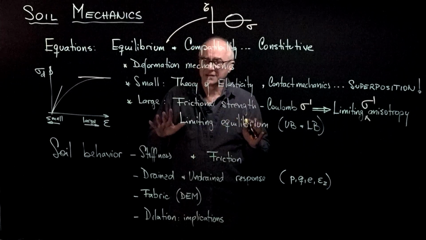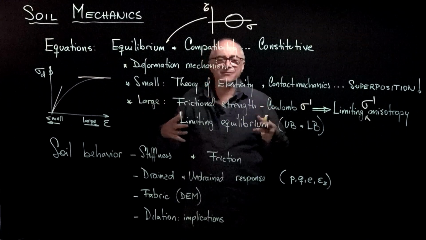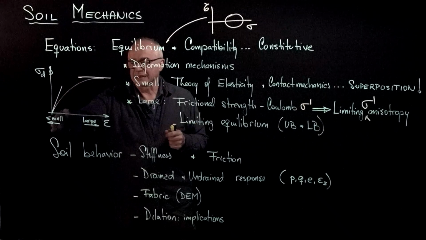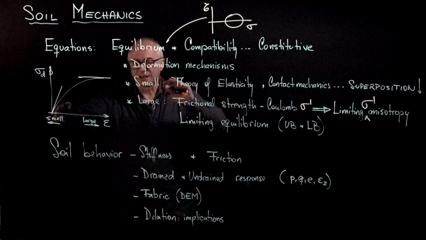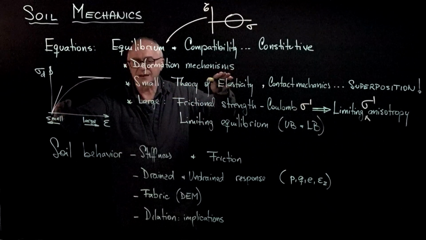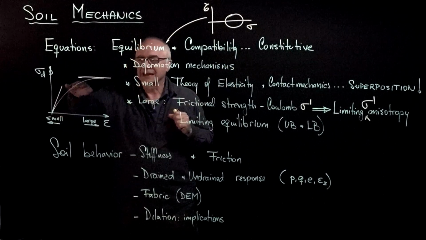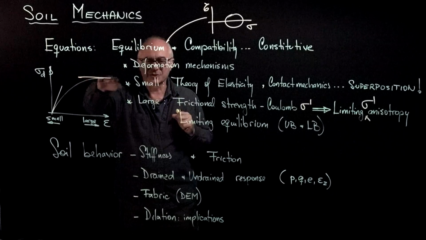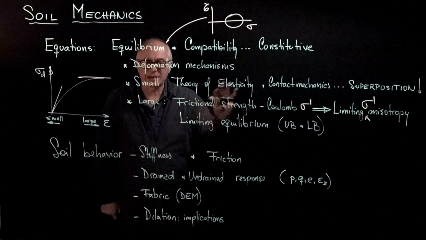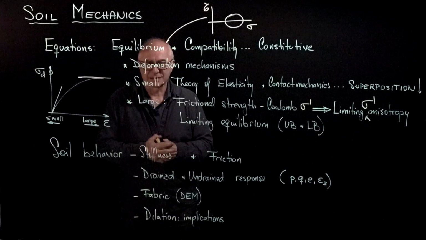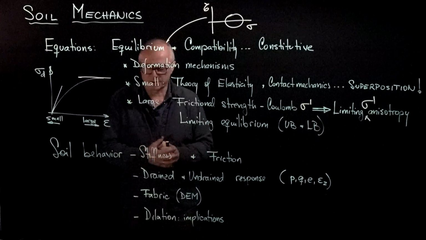As you see, from mechanics, now we have wonderful theories. At the small strain asymptote, the theory of elasticity, linear elasticity, allows us to apply superposition. And at the large strain asymptote, we can use plasticity and upper bound and lower bound solutions to constrain the possible solution to our problem.